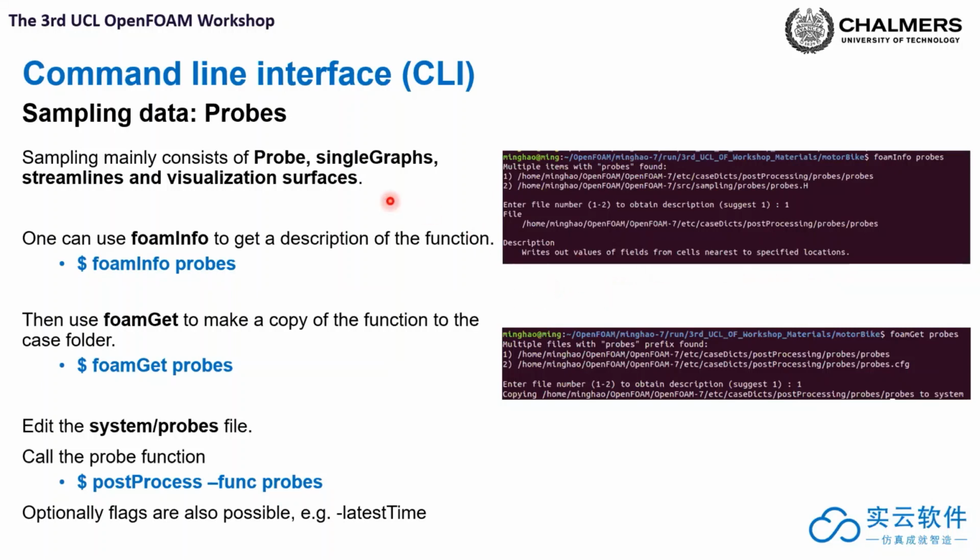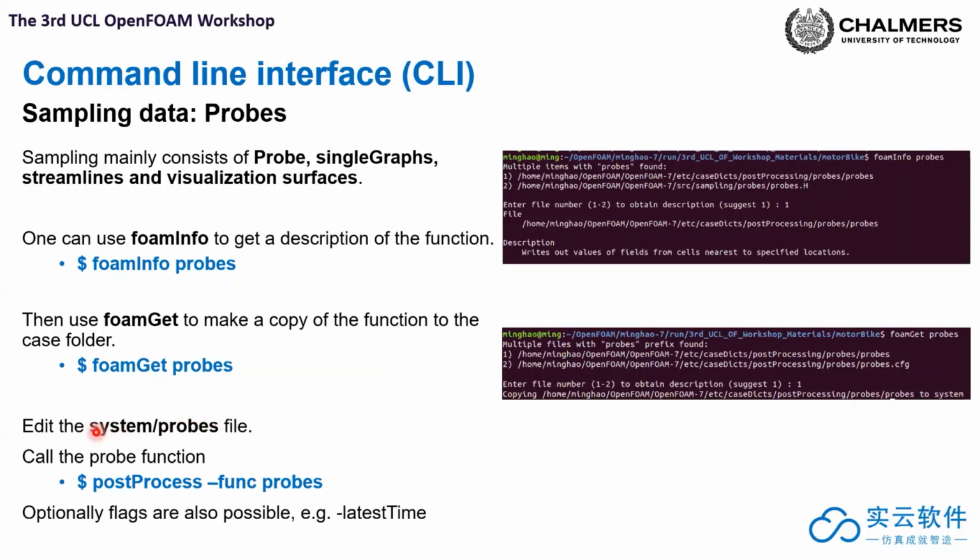So it tells you what this function does. And to get this function, we can use foamGet probes to make a copy to the case directory. If I use foamGet probes, it will pop up. It finds two files, the first one is probes, and the second one is the configuration file. OpenFOAM will automatically suggest you use one. So I just type one, and then I copy this one to the case directory.